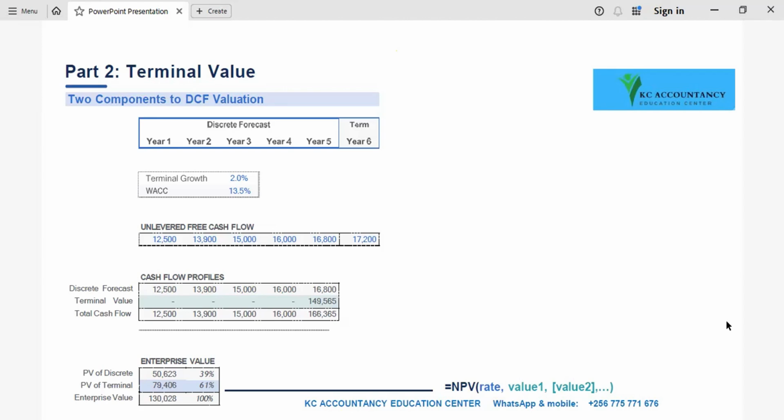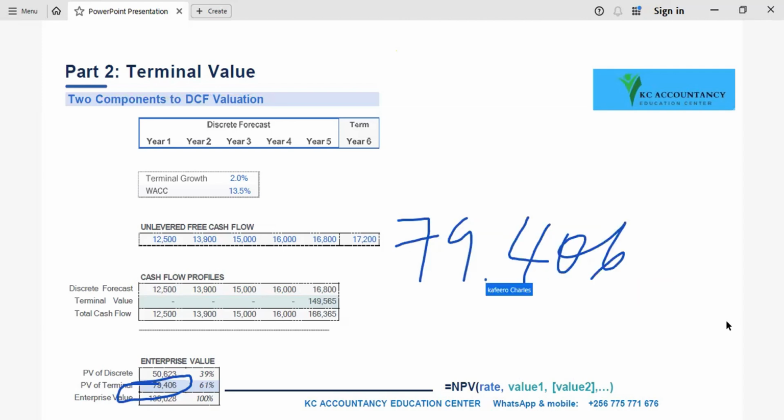So now that we've seen those values, we've been able to look at the terminal value at the bottom here, that figure, 79406, and that value we deployed the NPV function. That will look similar to the last time we did. We took this value back using the NPV function, and we got this one.